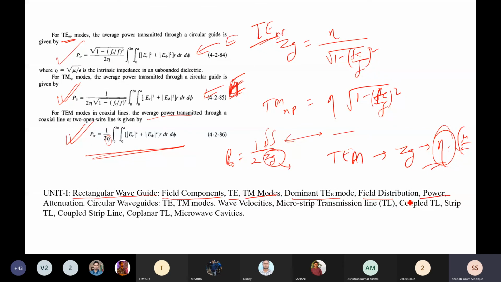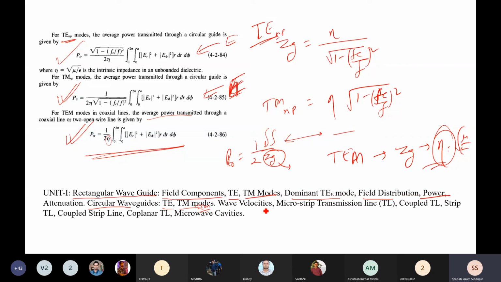Then we went through the power. And for the circular waveguide, we discussed the TE and TM modes, and also the wave equation in the circular coordinate system.